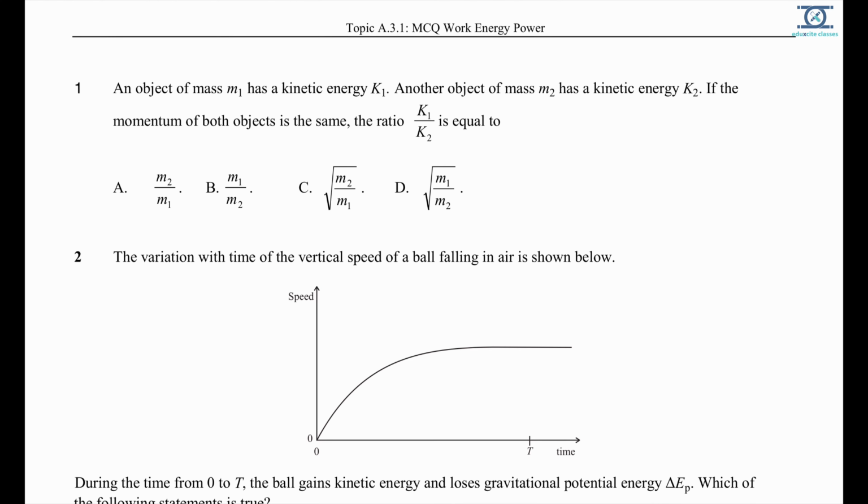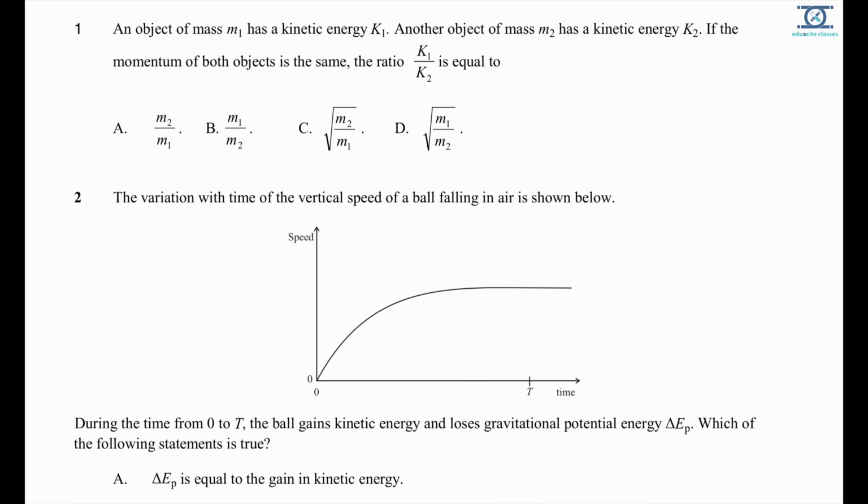Now coming to the Paper 1 MCQ, just pause the video for question number 1 and solve. Okay, so we know the relation for kinetic energy and momentum. Guys, this is very important. Many questions are there from this particular relation.